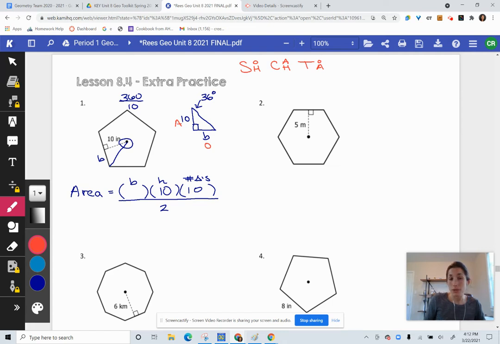So that would be a tangent ratio. To solve for that b value, the tangent of 36 is equal to the opposite side b over the adjacent side 10. Once you set up your cross product, you solve for b, you can substitute that right in here and you will get the total area for that shape.